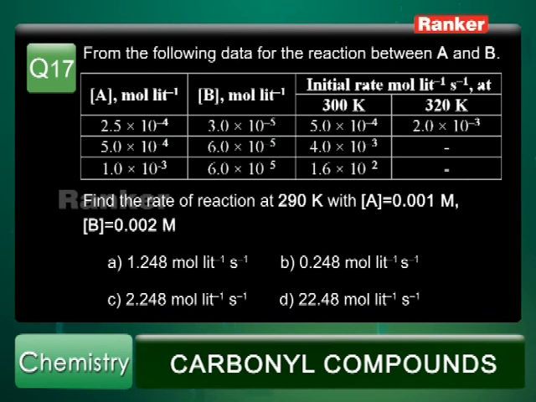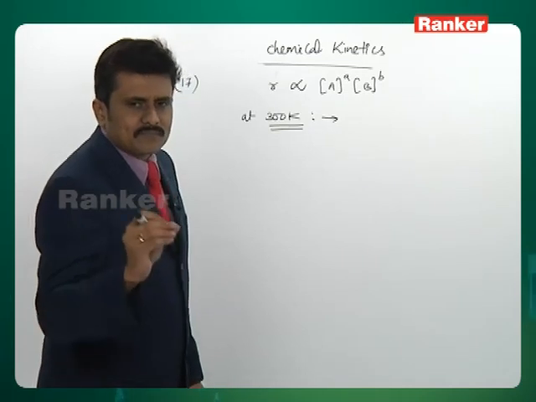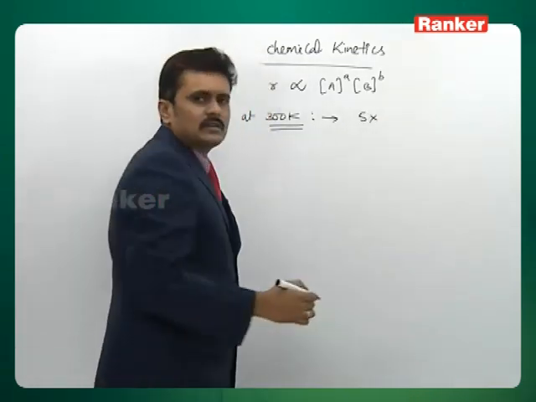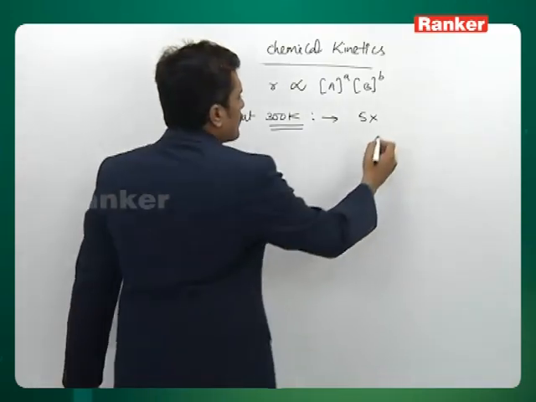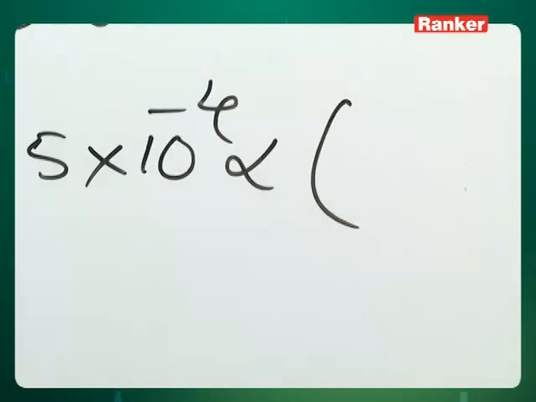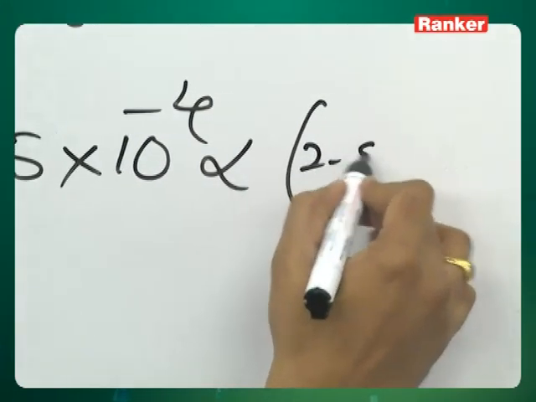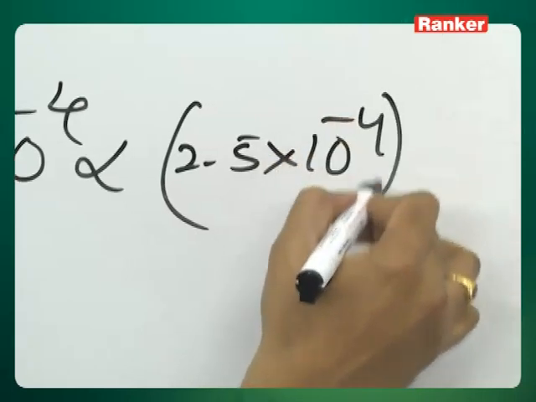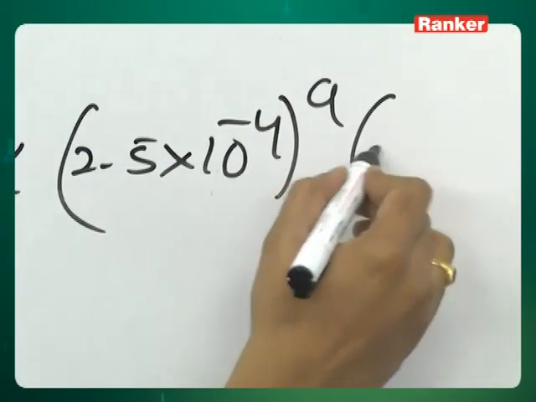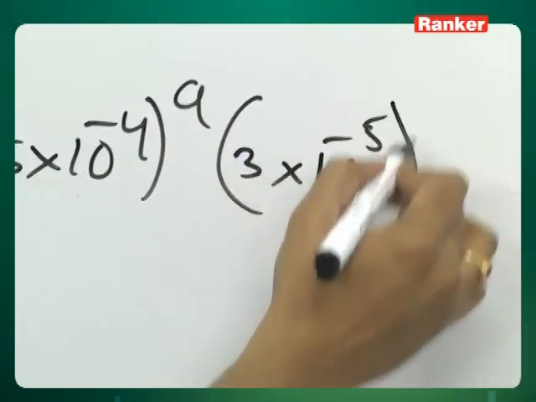At 300 Kelvin, what we all know is that the rate, 5 into 10 to the power minus 4, is directly proportional to the concentration of A, 2.5 into 10 to the power minus 4, whole power a, and the concentration of B, 3 into 10 to the power minus 5, whole power b.